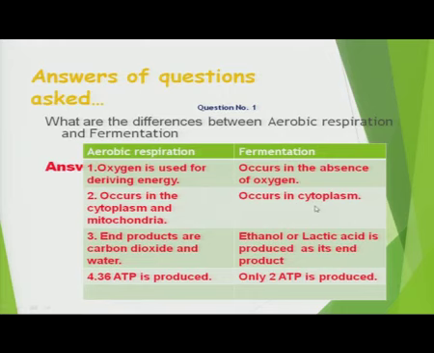Fermentation only takes place in cytoplasm. The result of aerobic respiration is carbon dioxide and water. The result of fermentation is ethanol or lactic acid, depending on where it occurs, in muscle cell, yeast or bacteria. Aerobic respiration produces 36 or 38 ATP, while fermentation produces only 2 ATP.